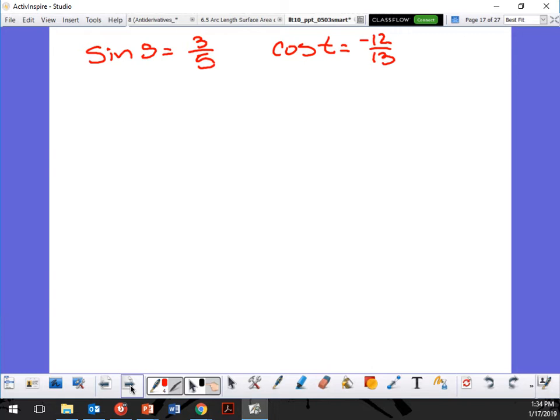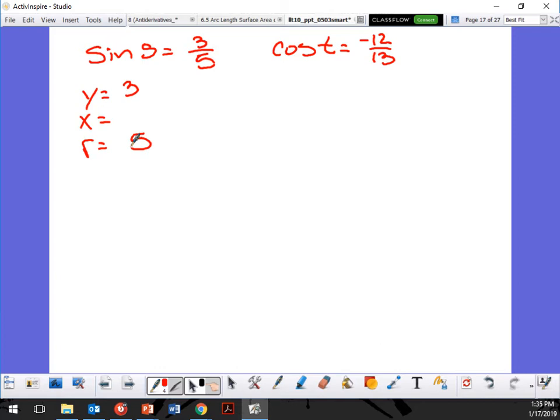But this one, sine, I actually have a fraction, right? So I have numbers to go along with this. So sine is going to be y over r. Good. So for this first one, for S, my y value is 3, my x value is, oh, we don't know, and then my r value is 5. Have we done this already? Yes. We have done this.